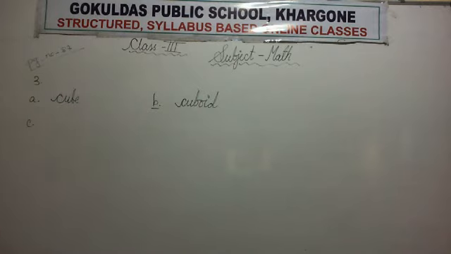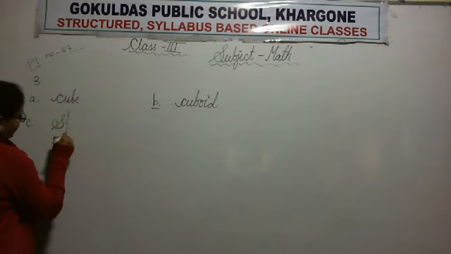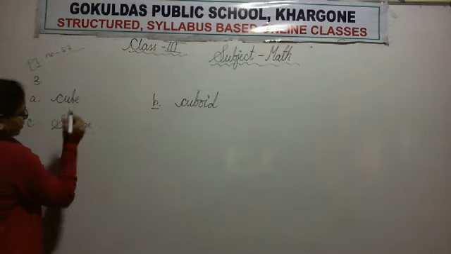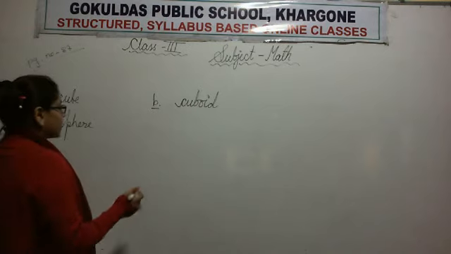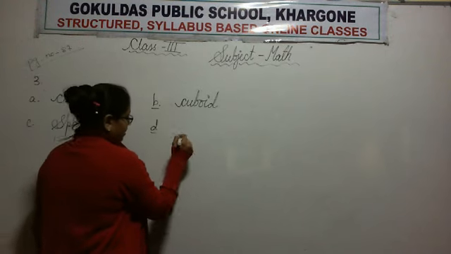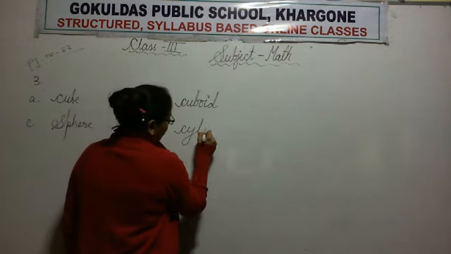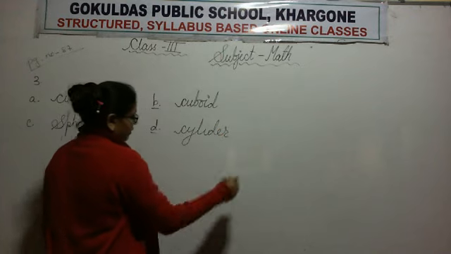Now the next one is globe, which is in shape of sphere. Now the next one is juice can, which is cylindrical in shape. So we will write cylinder.